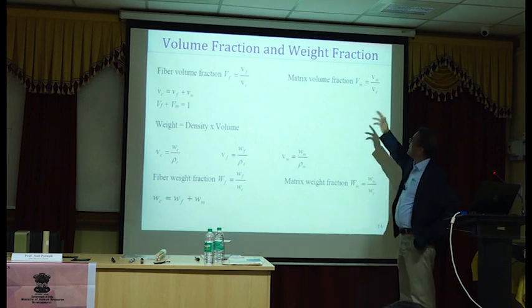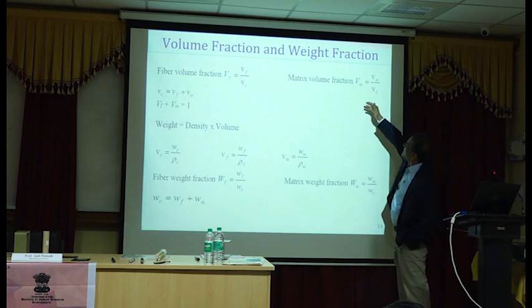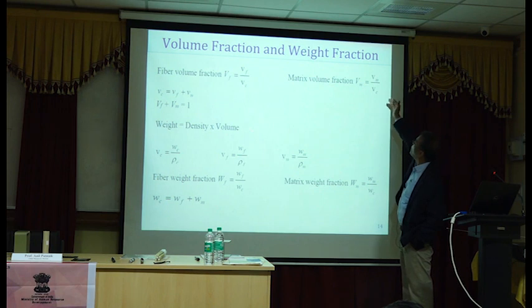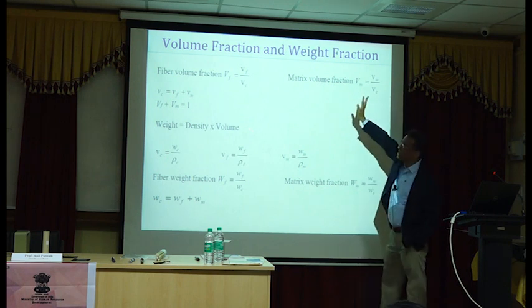What about matrix volume fraction? Same approach. Matrix volume fraction, V sub m equals V sub m over V sub c. So this is an uppercase V, the capital V, so don't get confused.